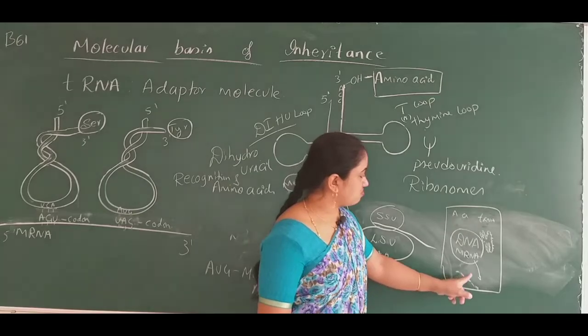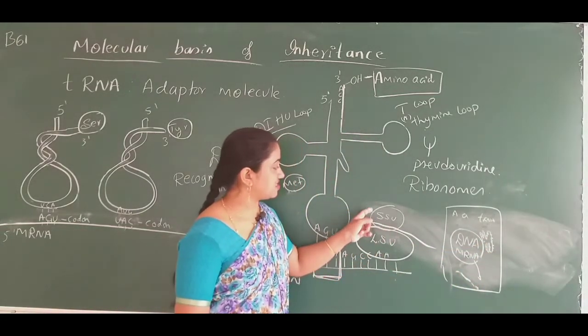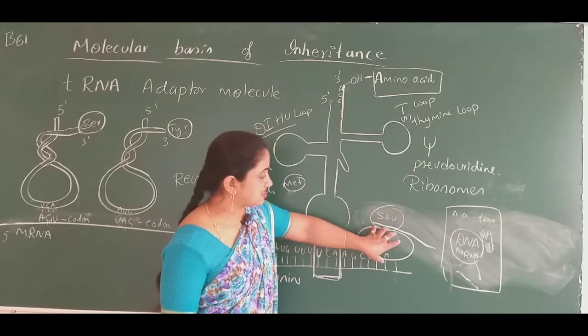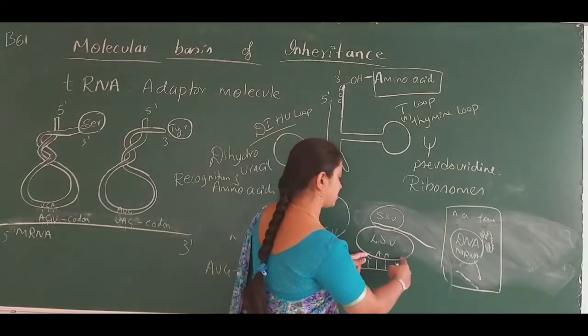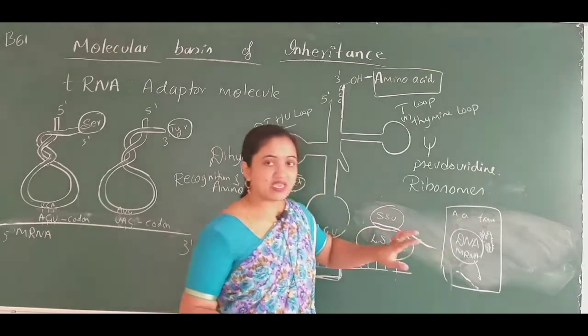The mRNA goes to the ribosome and attaches at the smaller subunit, and then the larger subunit also attaches to the smaller subunit. Larger and smaller, and mRNA is ready now.